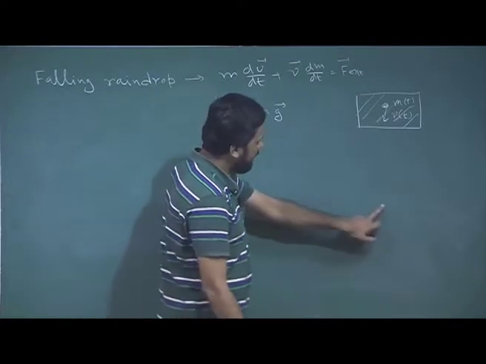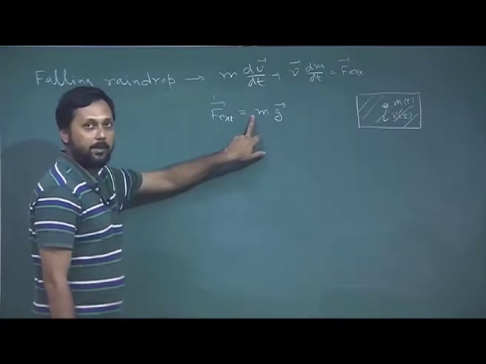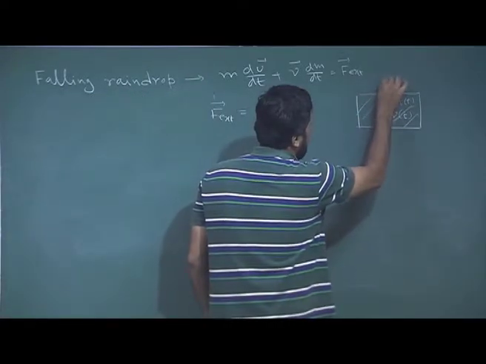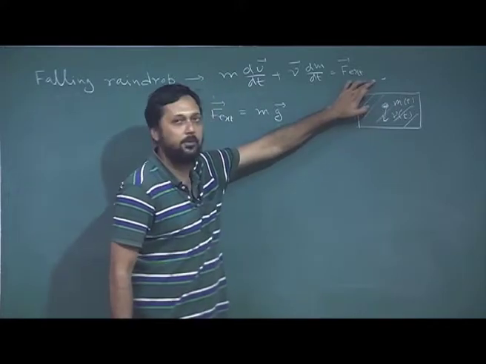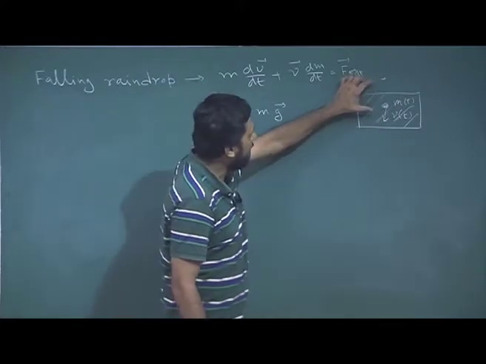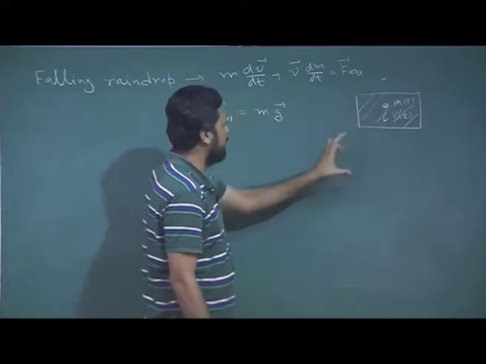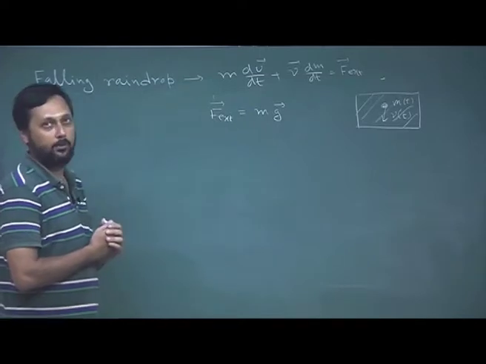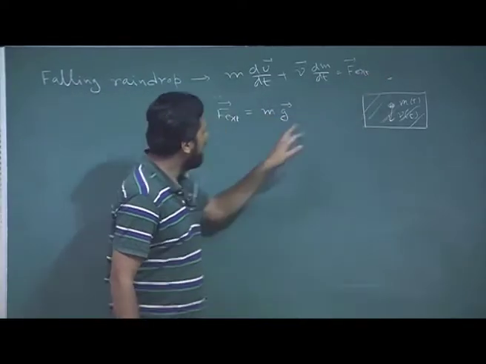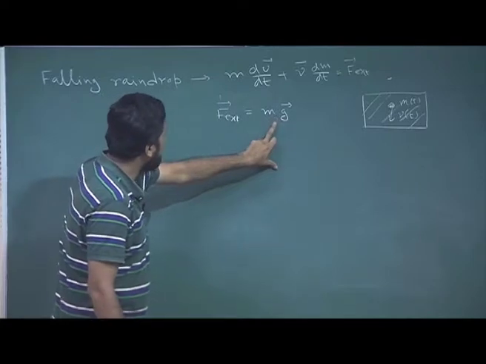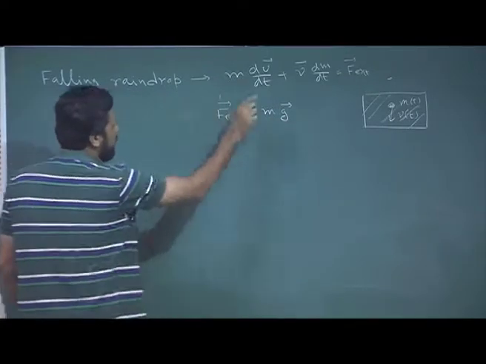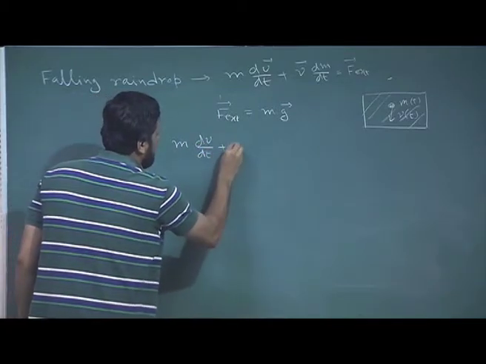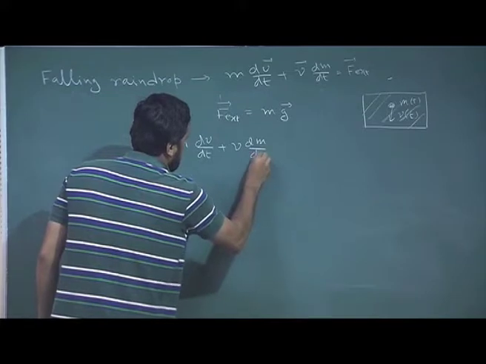If we place our origin down here, then there is a negative term coming, but for this problem, let us set the origin somewhere up here. We do not care where exactly it is, because we are not planning to give you an exact measure of the distance. We are just trying to construct the equation and get an idea of the terminal velocity. So, this g remains positive. So, the final equation, if we remove the vector, will simply be m dv/dt plus v dm/dt equal to mg.